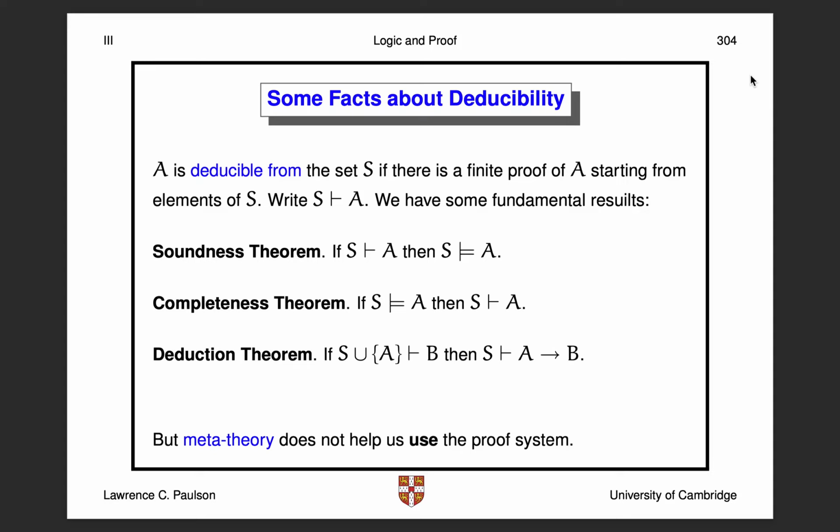There are other properties that could be proved, in particular of this proof system.